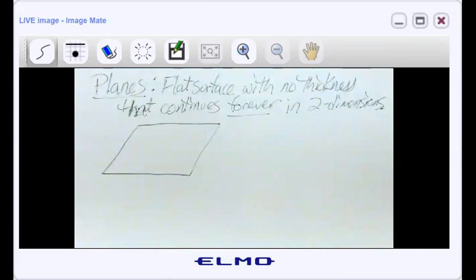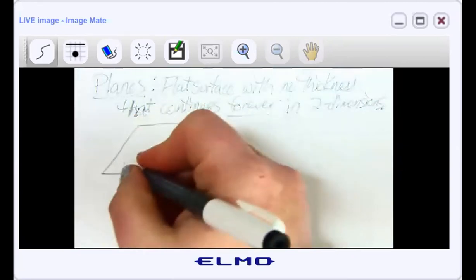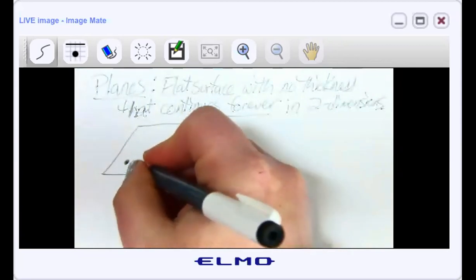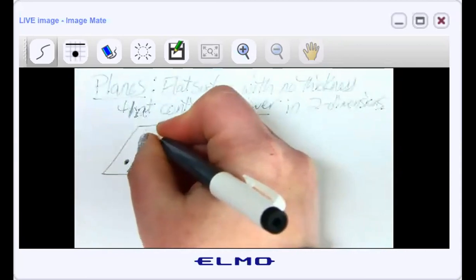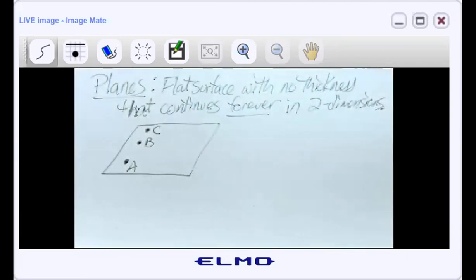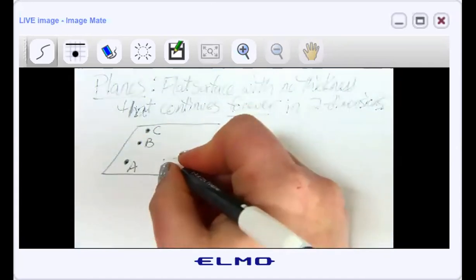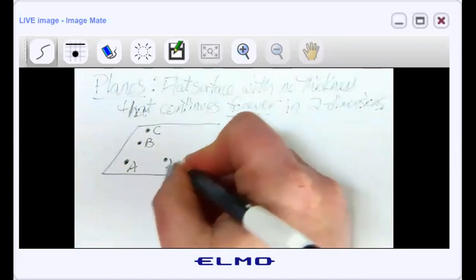Anything that I want to show you that's in the plane, for the most part, I just stick inside the parallelogram. If I want to show you something that's outside the plane, I just stick it outside the parallelogram. For the most part. Okay, so if I wanted to show you points A, B, and C in the plane, I would just draw them like that. Okay, I'll stick another point over here. Let's have this be point X.